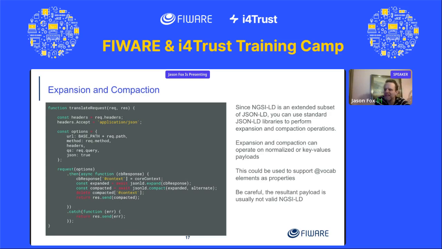But this is really, really useful in that if you have data from an external source and it needs some sort of minor modifications, then just do expand, compact, and you get the data out in a format you're able to use. Usable format is always what we call key-value pairs.